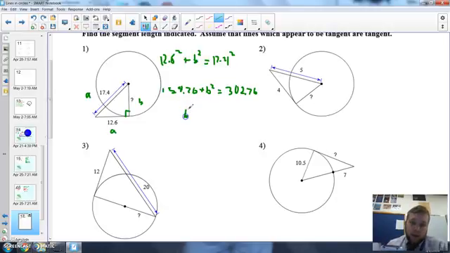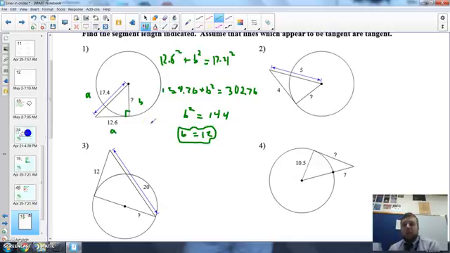So B squared equals 144. And so obviously B equals, everybody knows, 12. That was a fancy number. I like that when it works out nice like that. So B is 12. So the radius is 12.